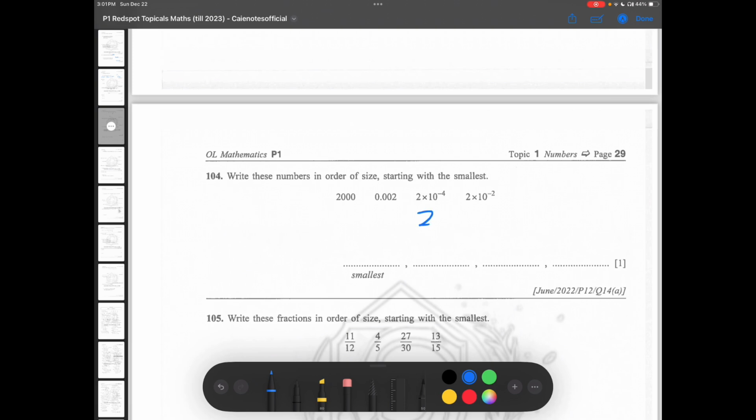The decimal is over here, so move 4 places backward. 1, 2, 3, 4. The decimal will come here. And in these empty spaces I will put 0. This becomes 0.0002. And 2 multiplied by 10 to the power minus 2, the decimal will be moved 2 places backward and it will become 0.02.